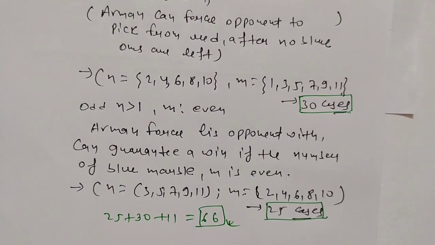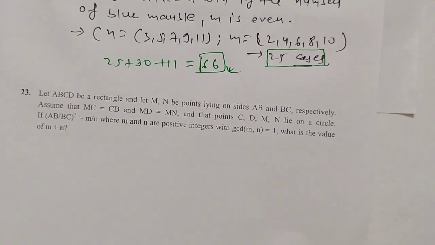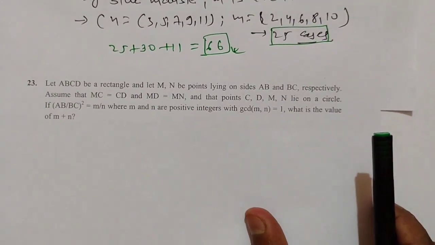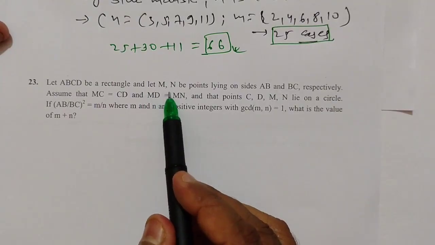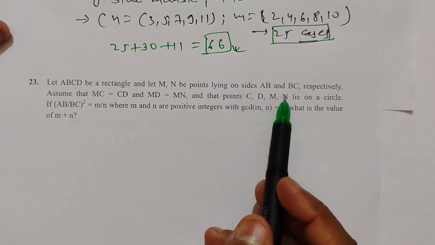Now in problem number 23, we have a rectangle ABCD, and let M and N be points lying on the sides AB and BC respectively.